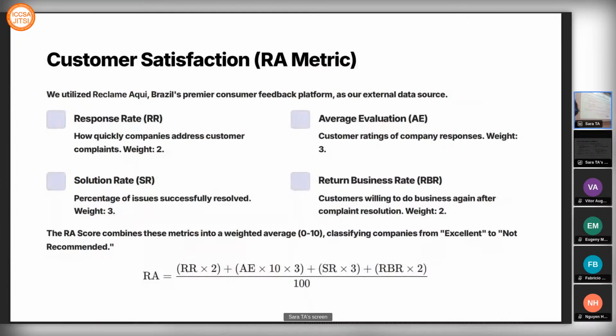How do we measure it? As I said, the Reclame Aqui RA metrics, which use a Brazilian premier customer feedback platform as our external data source. To calculate this score they use the response rate, the average evaluation, all from the point of view of the customer, the solution rate, and the return business rate, applying a formula with such weights to reach a score.